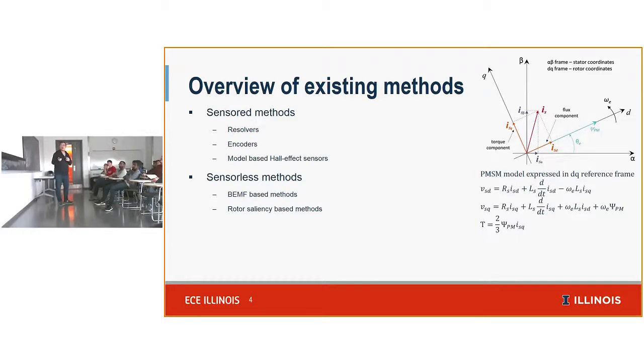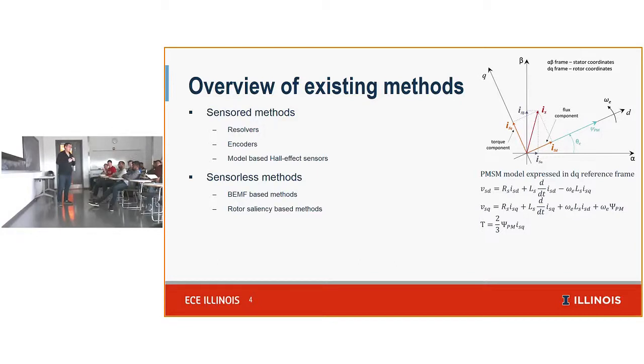And on the other hand, sensorless methods are more popular because they reduce the complexity of the whole system. And there are in general two approaches. The first of which will be the back electromotive force-based methods. So how this works is that the main idea is to look at the three-phase voltage waveforms coming out of the machine and use them to derive the rotor angle.